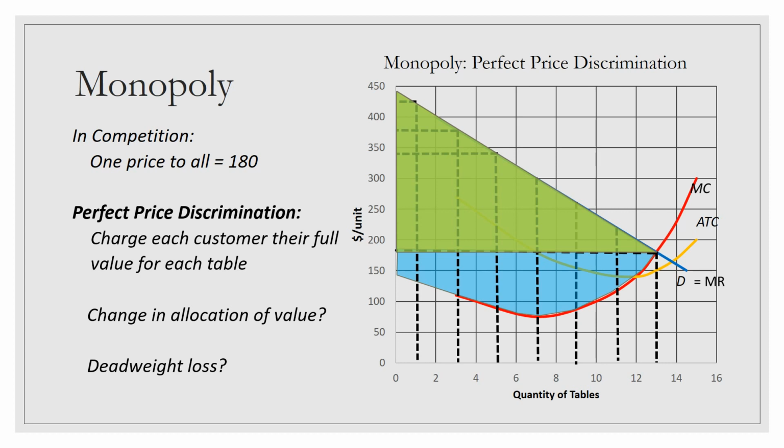In a sense here, if you can charge different prices to different consumers according to the value they place on the goods, we don't suffer that deadweight loss at all under that kind of market structure. It's just yielding a different allocation of the value created.